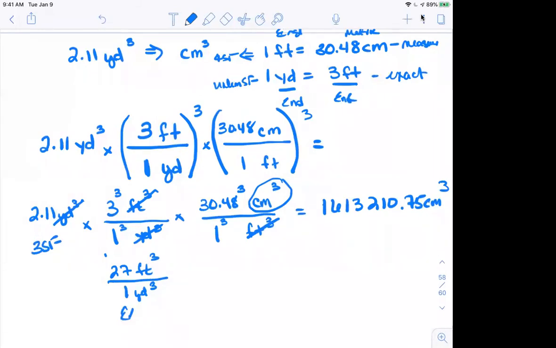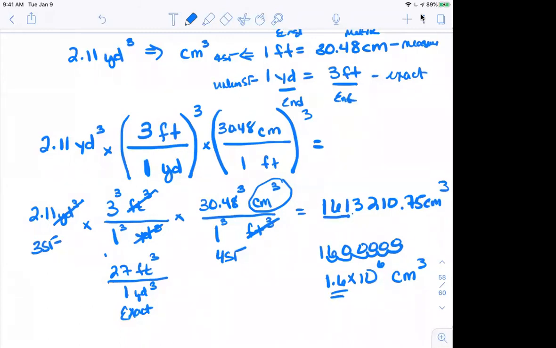I have 3 sig figs. This is exact. I have 4 sig figs, so I'm going to go to 3. So I can do 1.6 times 10 to the 1, 2, 3, 4, 5, 6 centimeters cubed, and this is how I'm going to designate the fact that I have 3 significant figures.